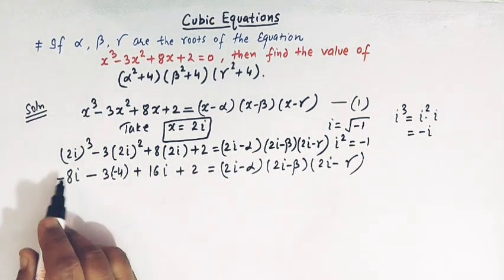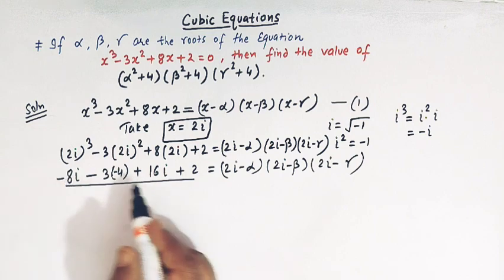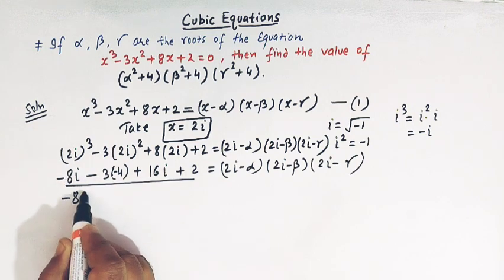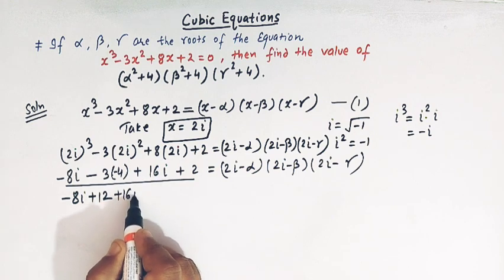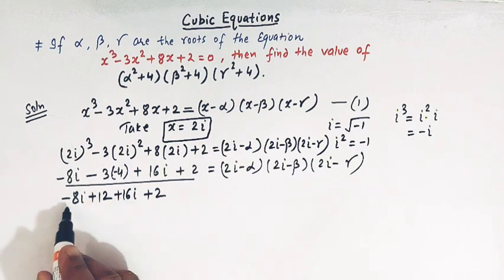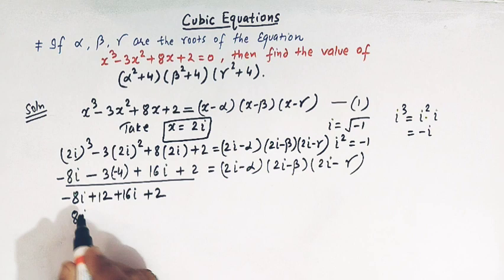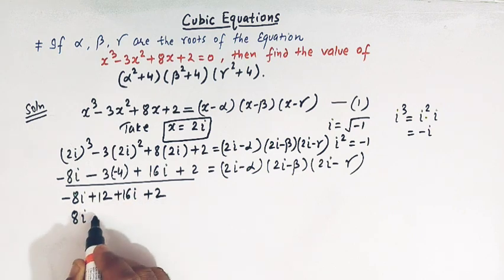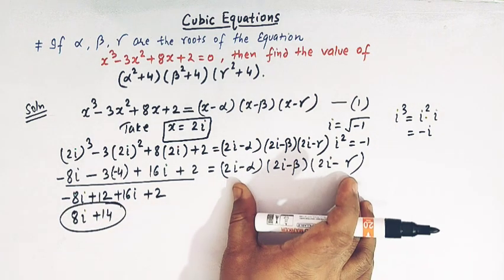Now let us simplify this expression. Here we have minus 8i, and this is plus 12, and here we have 16i, and plus 2. So 16i minus 8i is equal to 8i, and 12 plus 2 is 14. So 8i plus 14 is equal to this expression.